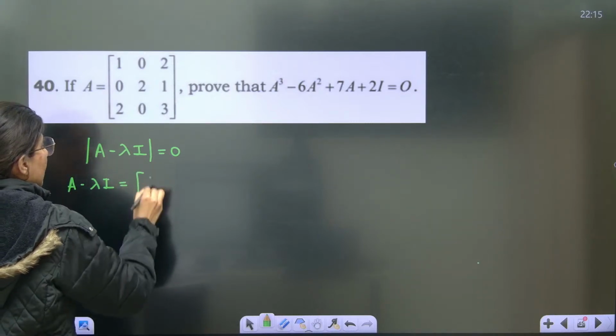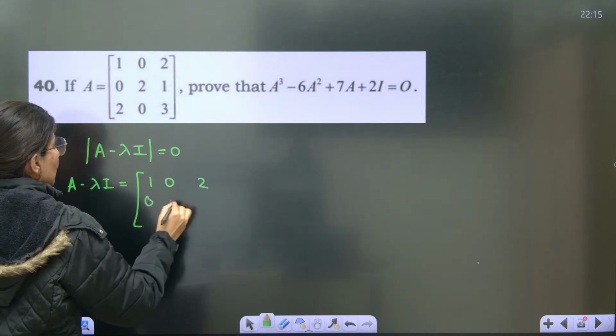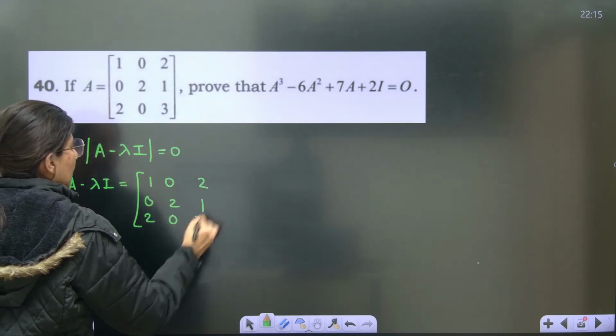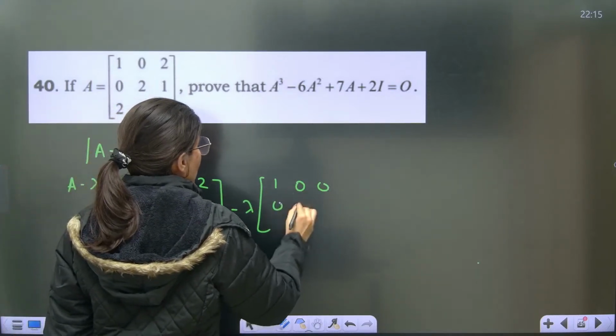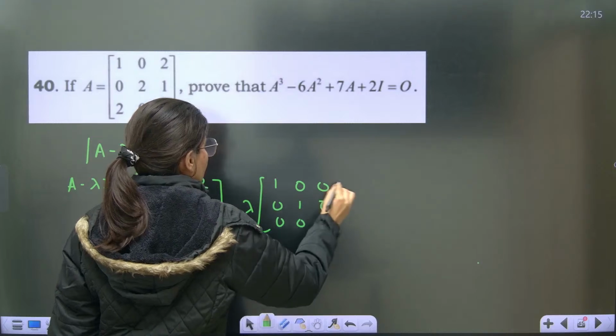So this is your A, 1 0 2, 0 2 1, 2 0 3, minus lambda times I, 1 0 0, 0 1 0, 0 0 1.